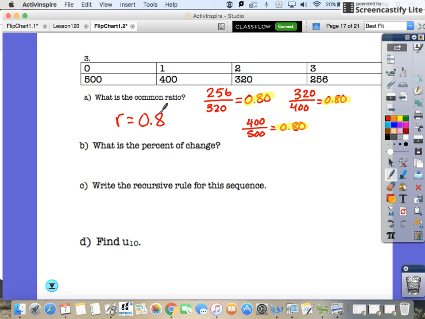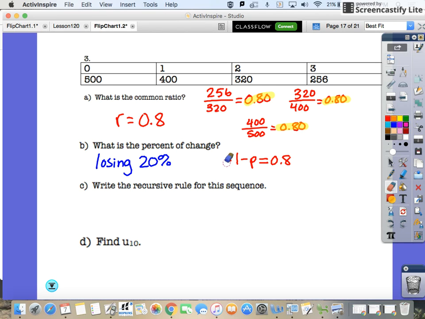So what is the percent of change? Well, there's two ways to think about this. You can think about it logically and say, well, 0.8 is 80%, which means we are losing 20%. Or you could set up a formula and say R equals 1 minus P. We know R is 0.8, so 1 minus P equals 0.8.